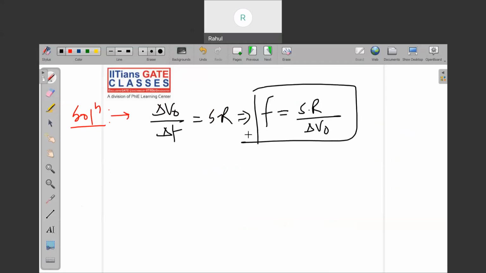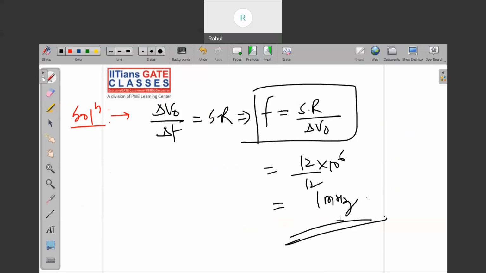Understand? So here the slew rate is given as 12, and change in V naught is also 12, and this is 10 raised to power 6. What is the value of frequency? That is 1 megahertz. So a very easy problem, you can solve this.